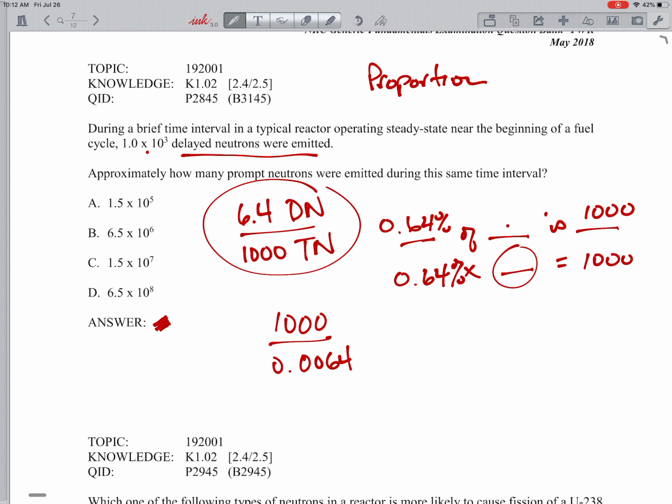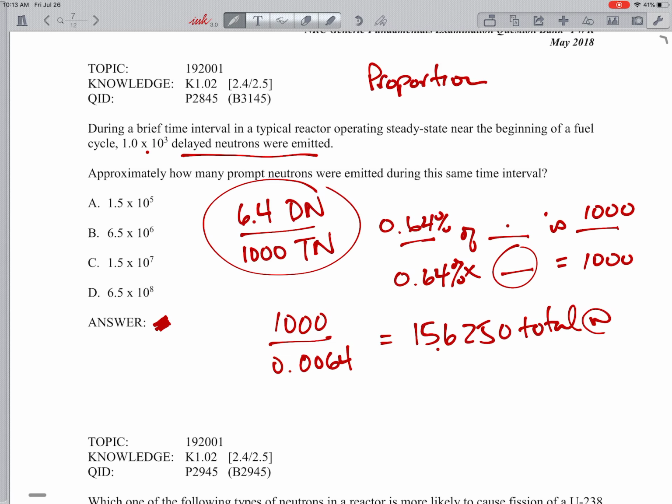1,000 divided by 0.0064. That's going to be 156,250 total neutrons. 1,000 of them are going to be delayed, and 155,250 of them are going to be prompt.